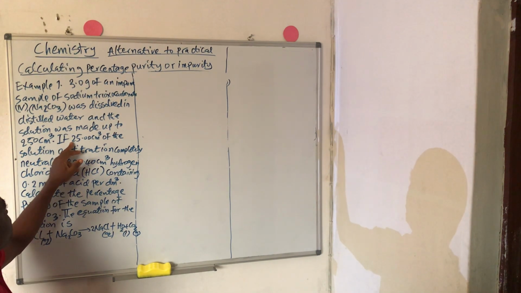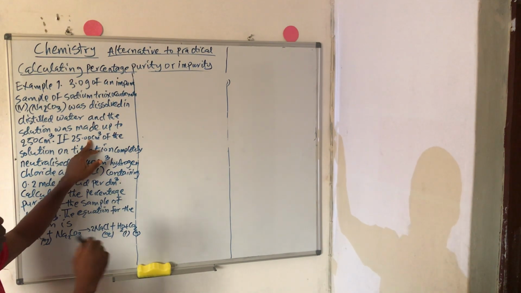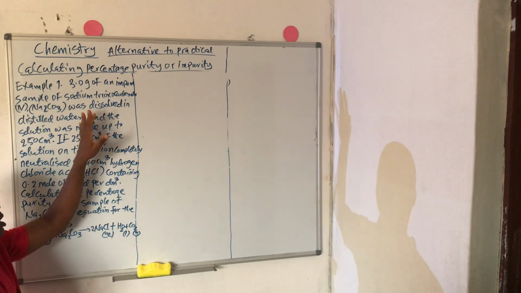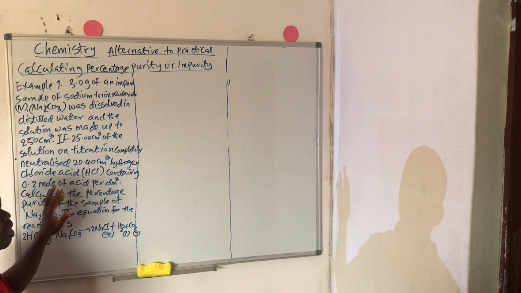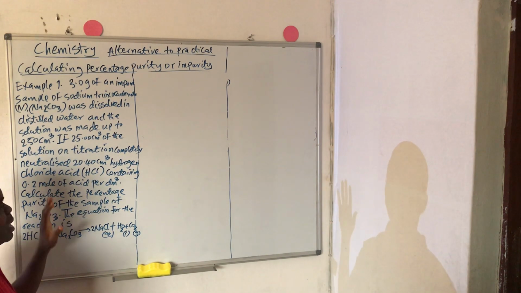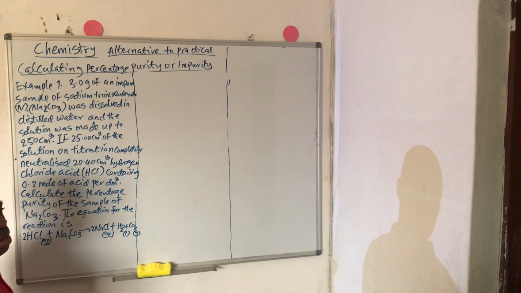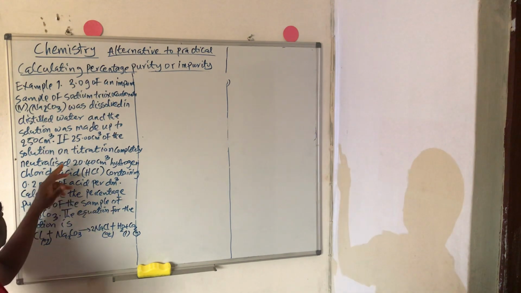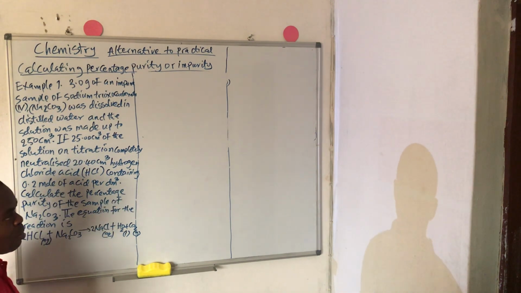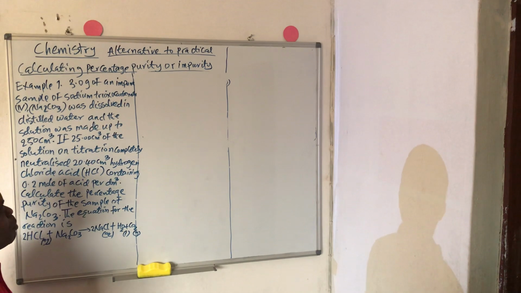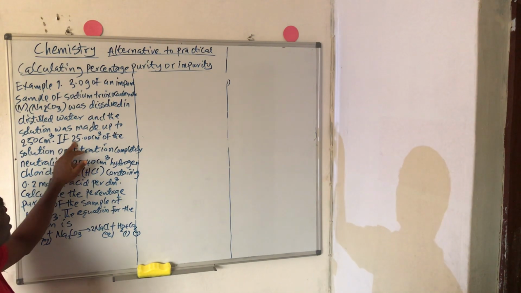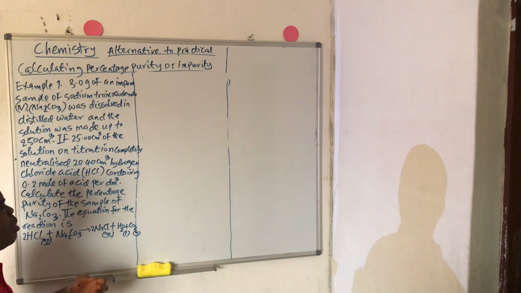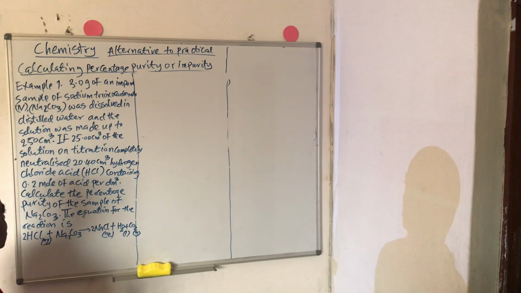Meanwhile, the volume of the base used from the pipette used in the laboratory, of course this is alternative to practical, in the sense that I don't need practical on this one. It's just November, December or GCE exam, you can see this kind of question. So you are expected to use the data here and do your calculation, assuming that you're in the laboratory performing this experiment. So you need to understand that this 25.00 cm3 is the volume of the base that was pipetted for this experiment.